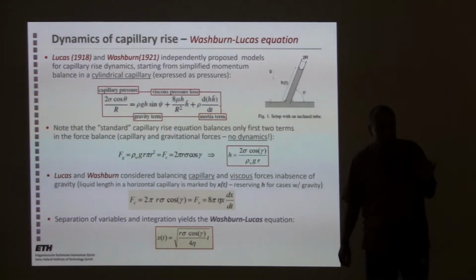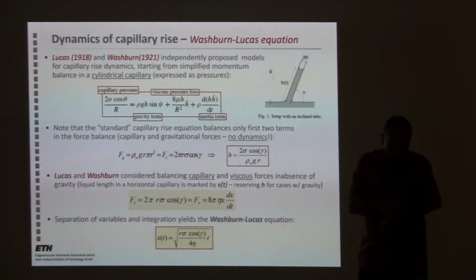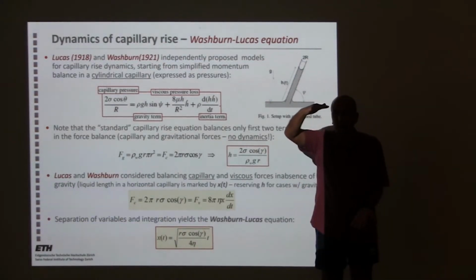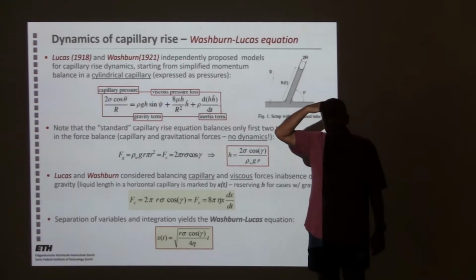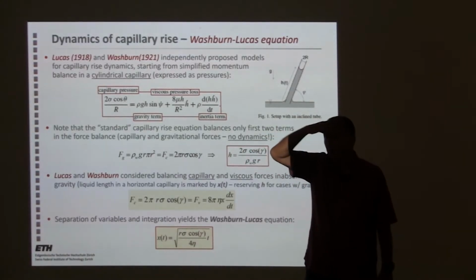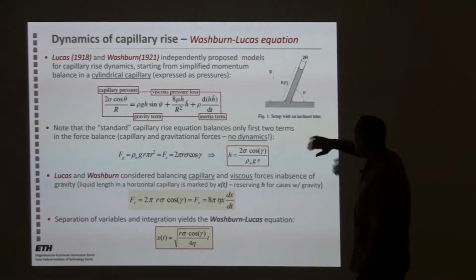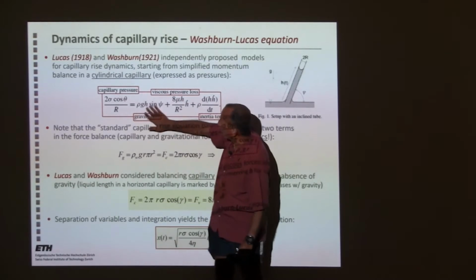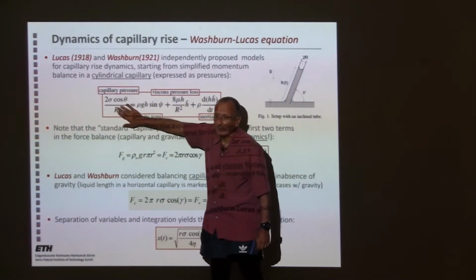So it's not a big deal, but it was a good question in the sense that it brings me to issues of dynamics. So far, we talked about equilibrium capillary rise. But we would like to know how fast capillary rise happens. To do that, we have to understand the interaction of different forces. So far, we balanced gravity and capillarity.